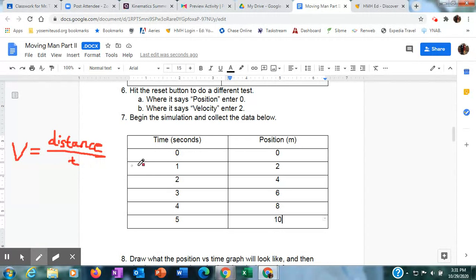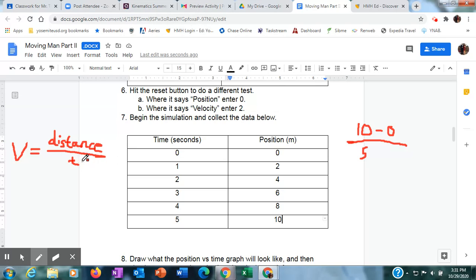And we can see that in smaller intervals as well. Okay, so in this case, we started at 0 and we ended at 10, okay? And I'm going to divide that by my time.